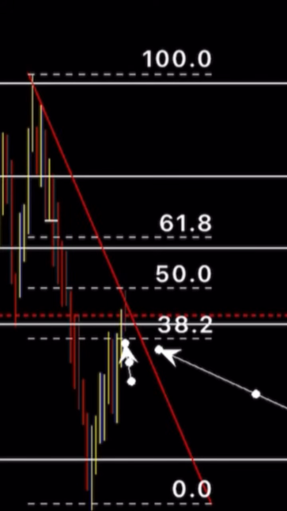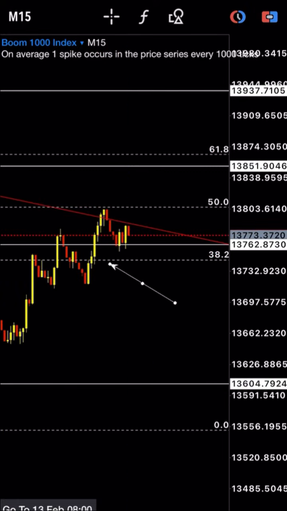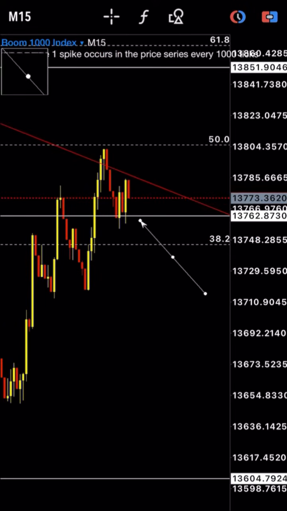If you go to the 15-minute time frame, you would observe that after market turned from the 50% Fibonacci level, price trying to go back to the upside is having rejection as a resistance from this line.